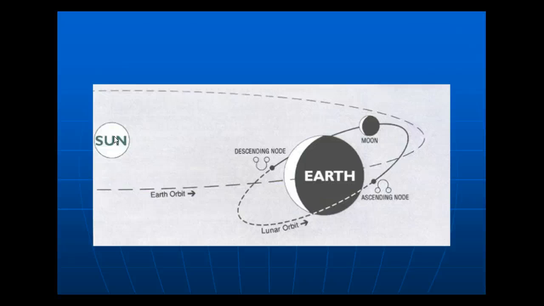It's also important that you know that the moon wobbles in its orbit around the earth. Write that down and then we'll explain it. That the moon wobbles in its orbit around the earth.